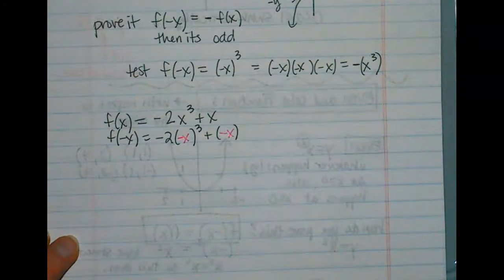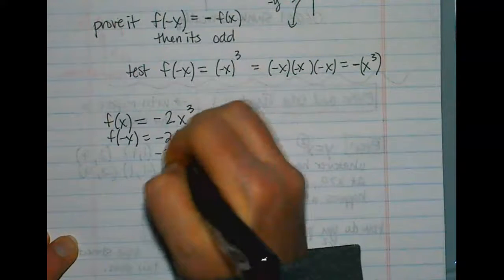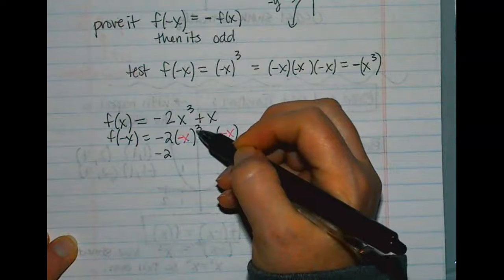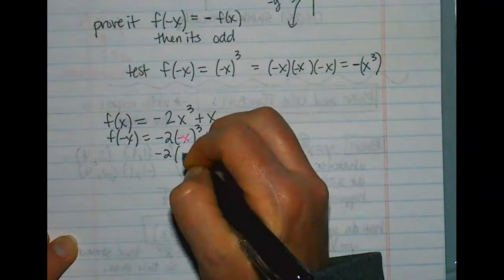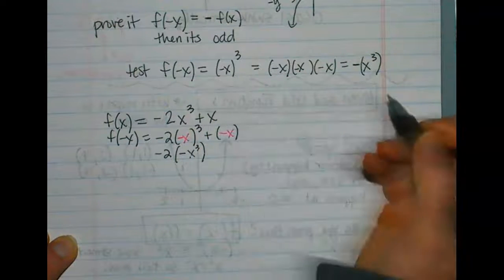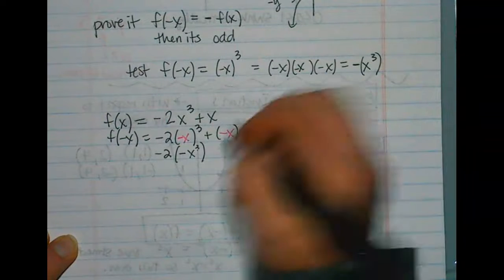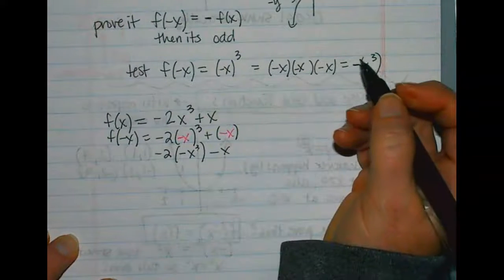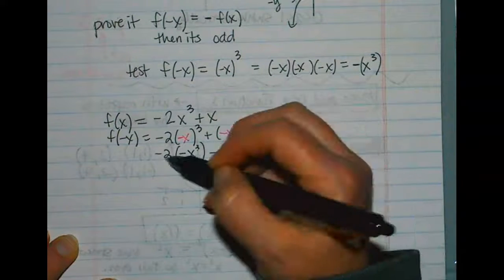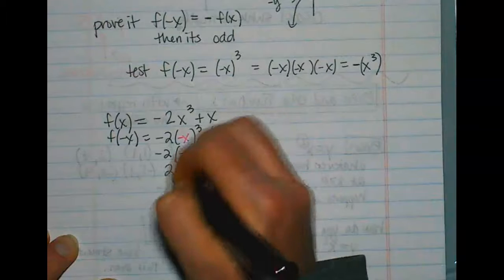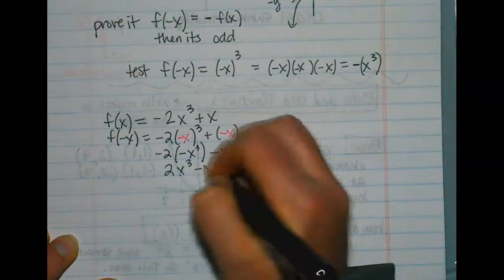That's the test. I'm going to work out the math and see what I get. I have negative 2, negative x times itself 3 times is going to be negative x cubed. It stays negative. Minus x. This simplified is negative 2 times negative, that's going to be positive 2x cubed minus x.